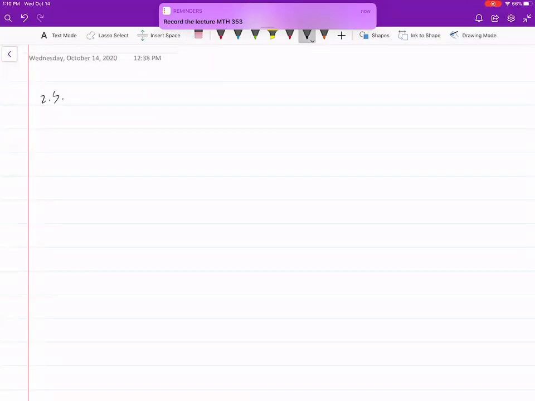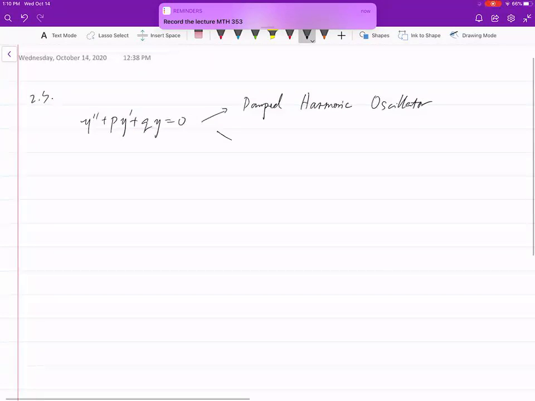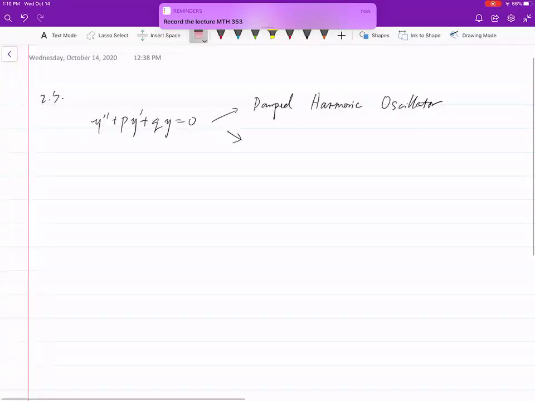Okay, we talked about the damped harmonic oscillator, and then we say, hey, this is damped. Meanwhile, this one actually corresponds to electrical circuits.